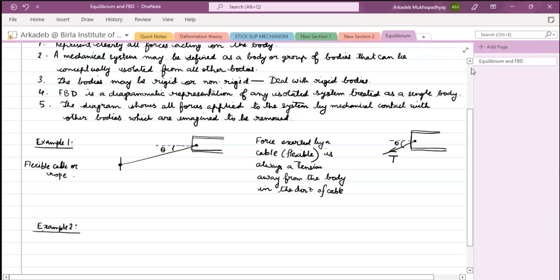Your example 2 will be, say, a smooth surface. Say you have two surfaces in contact like this. Then if I wish to find out the force acting on this body, if we want to draw the free body diagram, it will be something like this.